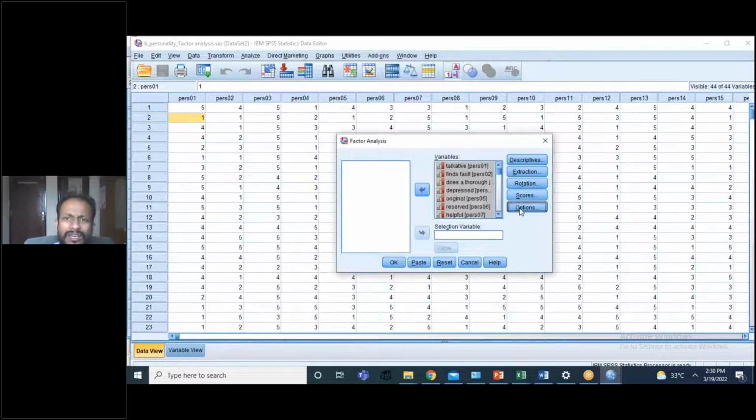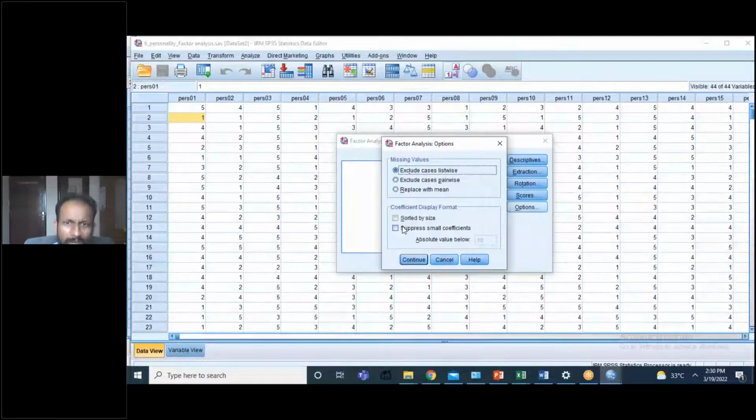Then in the options, I'm not interested in getting the output of each and every factor loading.